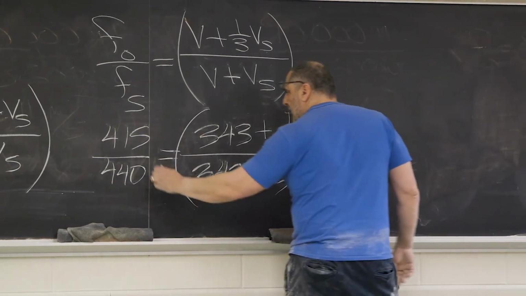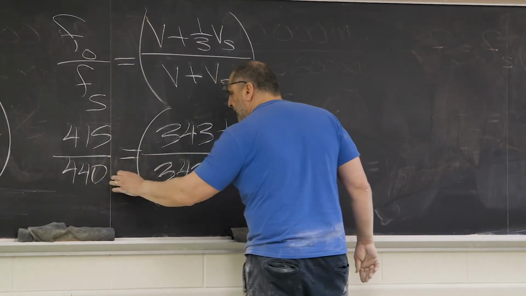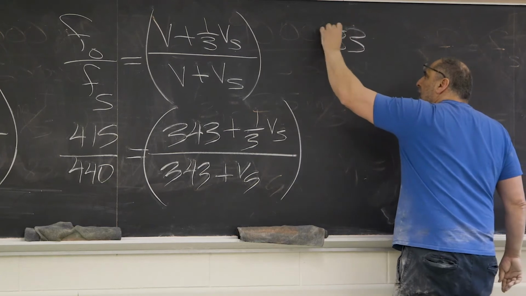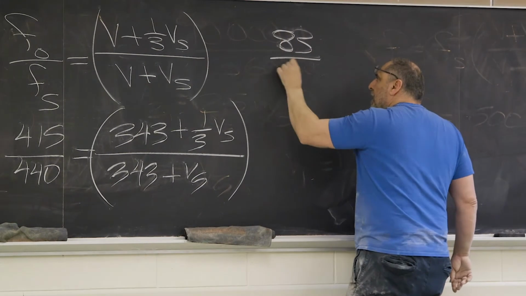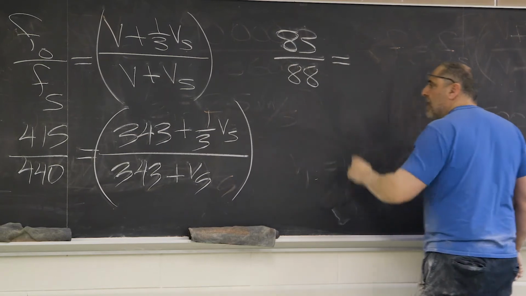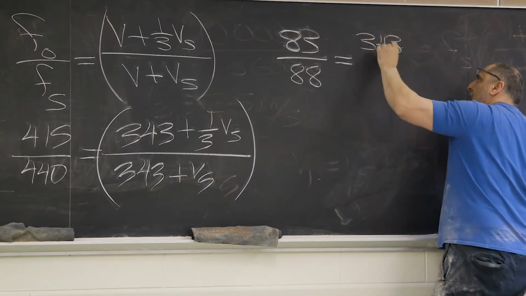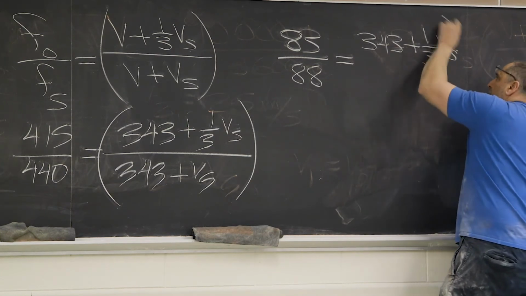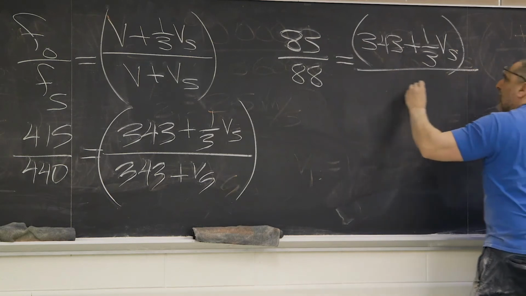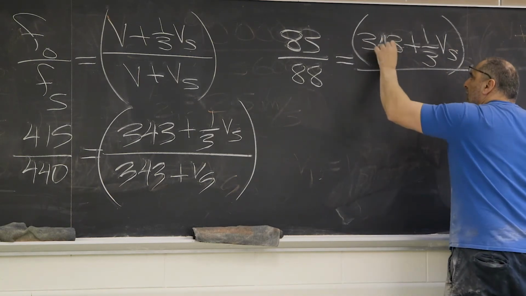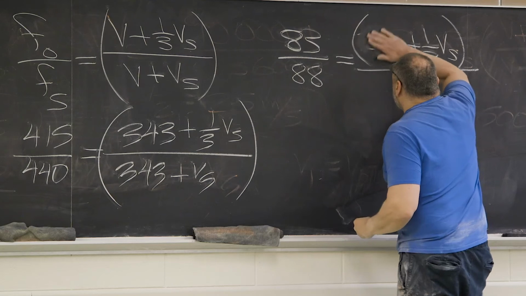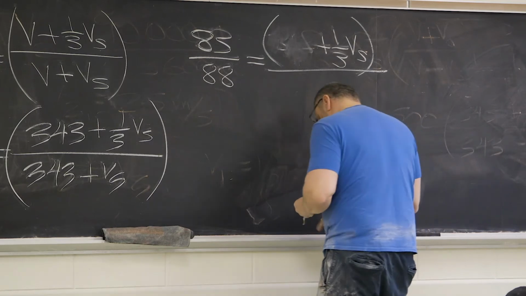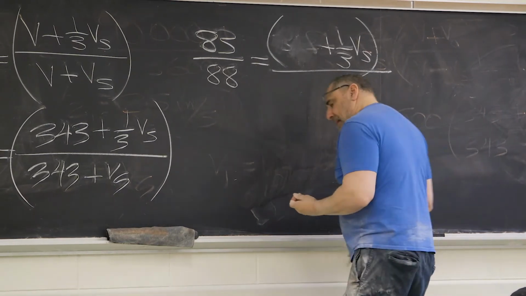This thing right here, you can factor a 5 out of here, factor a 5 out of there, and then cancel those 5s. And you got 83 over 343 plus 1/3 VS. Take a shot at it without it.